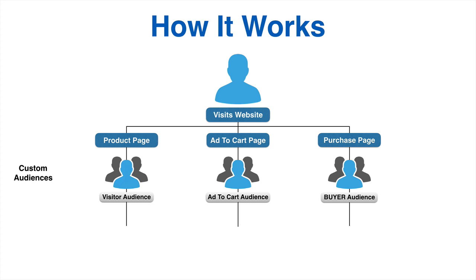And this is where Facebook starts taking a look at all of those visitors, all of those add to carts, and all of those buyers. And they'll sift through all of Facebook and they will try to find people very similar to these three categories: visitor audiences, add to cart audiences, and buyer audiences.